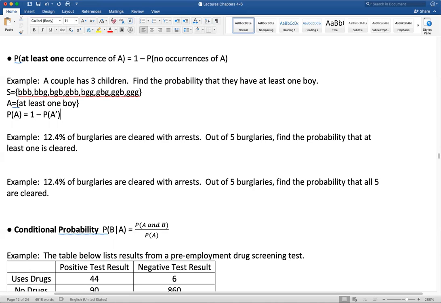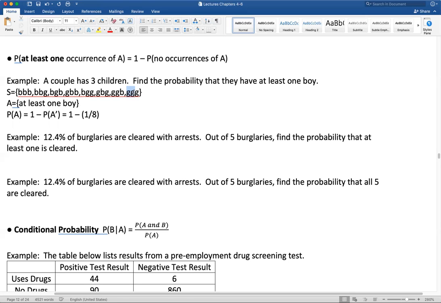Now P of A prime is the probability of no boy in 3 children, right? That's A prime. So this is going to be 1 minus 1 over 8, because how many outcomes have no boy?